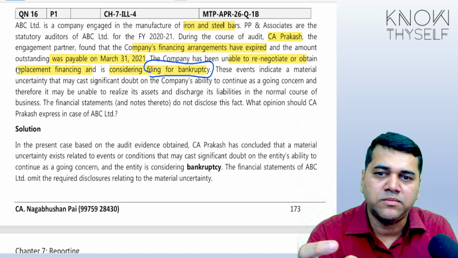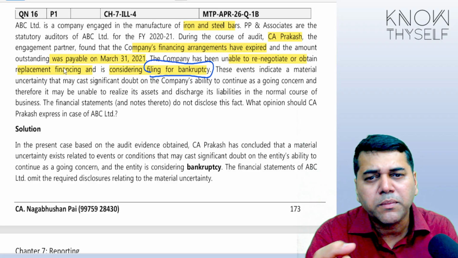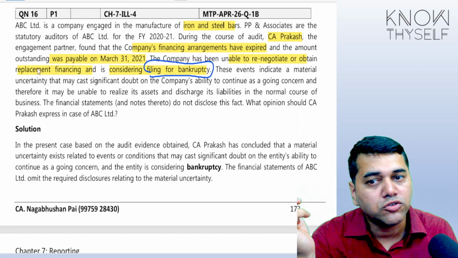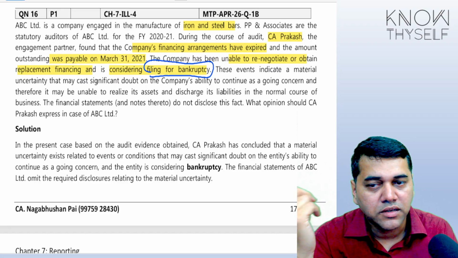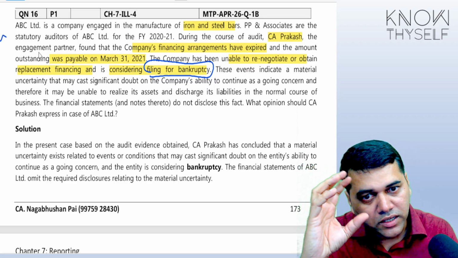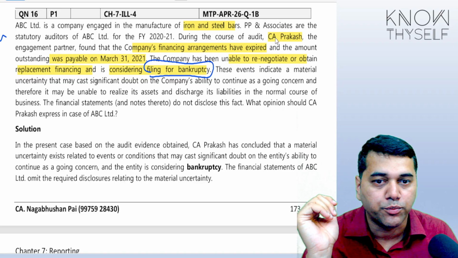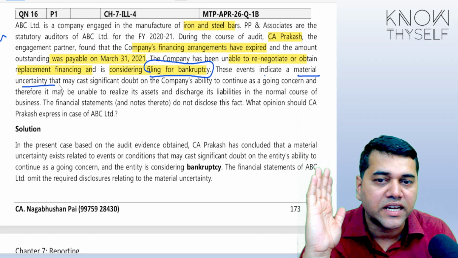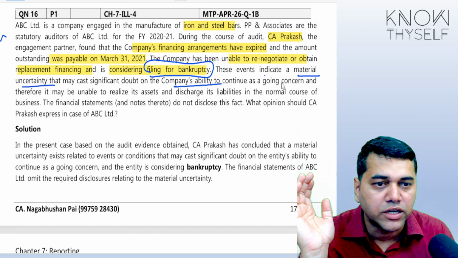Now there is one chance, because when you read this, you always feel, oh, I have already seen this question. In that examination question, in the previous question, it was a qualified opinion. So your mind already makes a map that this must be a qualified opinion. But see here, this indicates a material uncertainty that can cast significant doubt on the ability to continue.